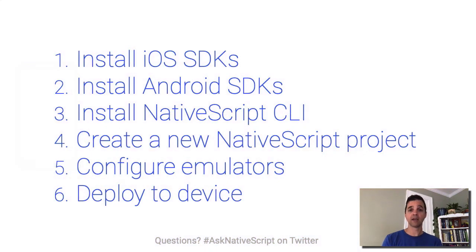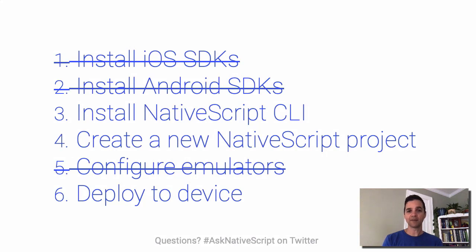Now, I did want to mention, though, traditionally when developing mobile apps locally with your CLI and local tools, I don't care what framework you're using, there are a series of hoops for you to jump through. Whether it's installing SDKs to configuring emulators or settings on your device, this one-time setup process can be a bit of a turnoff.